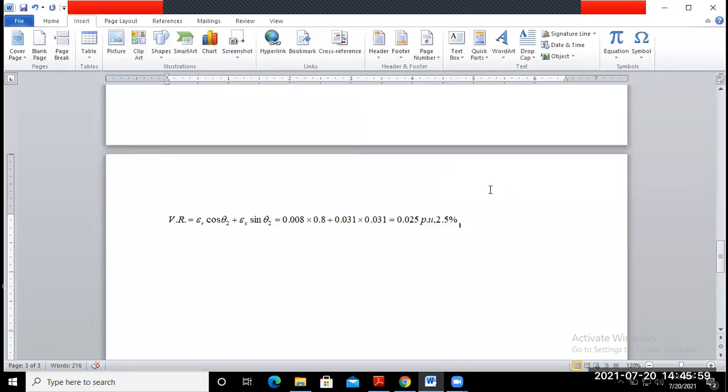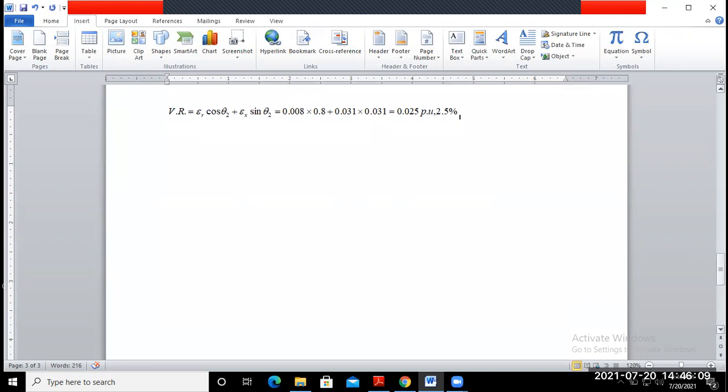Okay. So we already found out the voltage regulation. So how can we write voltage regulation? That means E2 minus V2 divided by E2 equal to this one. Okay.